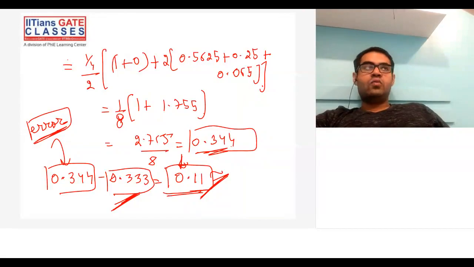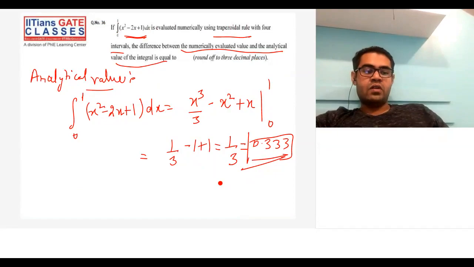One caution: whenever a question from numerical methods comes, don't try to solve the problem using the analytical rule. If they specify use Simpson's rule, then you use Simpson's 1/3 rule, because those methods will contain some error, and the trapezoidal rule actually gives you a lot of error. That's why this value is coming in, and 0.11 is the answer for this question.